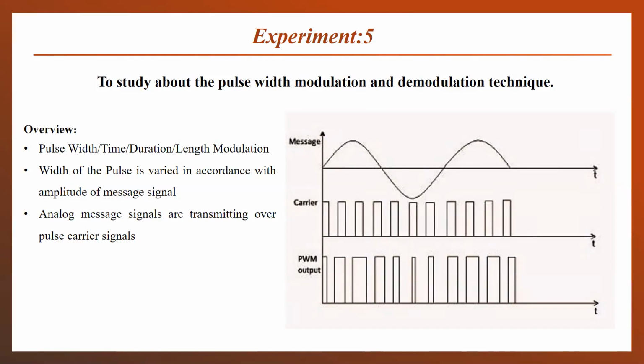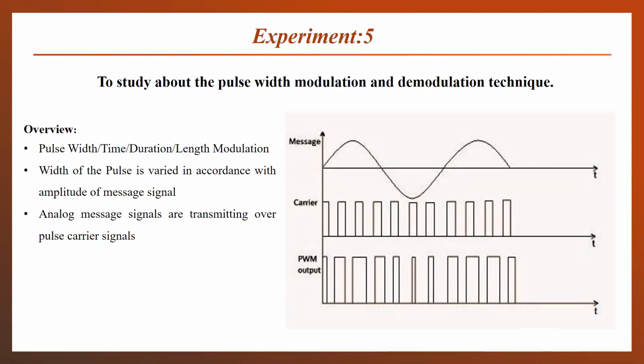According to that, the broadening or shrinking of the pulses will occur. This broadening and shrinking of the pulses in the time duration is called pulse width modulation.